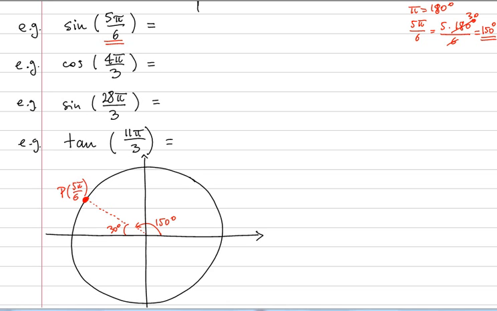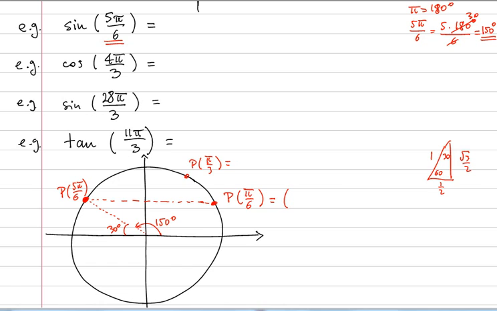So this is P of 5 pi over 6. And I see that it's a mirror image of one of the fundamental points in the first quadrant. It's the mirror image in the 45-degree line of P of pi over 3, which I remember because it's the 60-30 triangle, so it's like this.